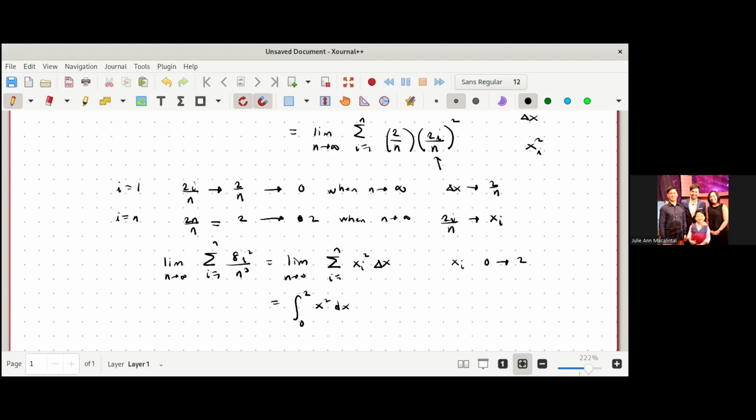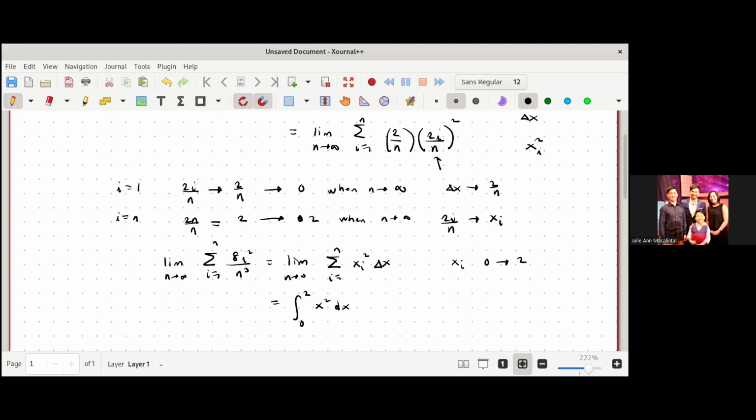May mga ganung klaseng problems na akala, di ba inisip natin, yung finite sums, mas simple kaysa definite integral. Some sums can actually be done better if you do integration. Di ba?